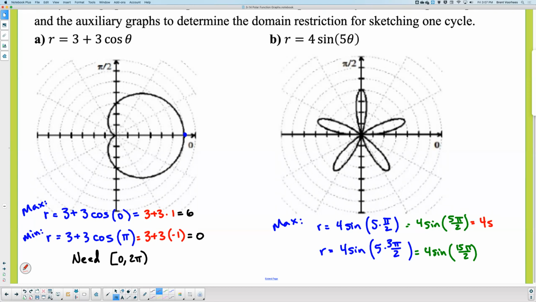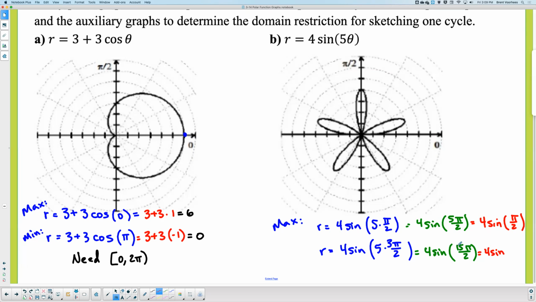That is 4 sine of 1 pi over 2. Now 4 sine of 15 pi over 2, that's like 7.5 pi.